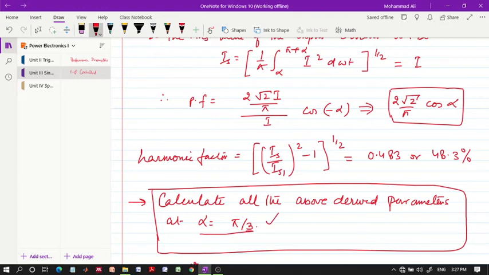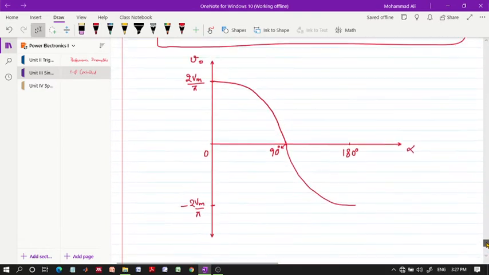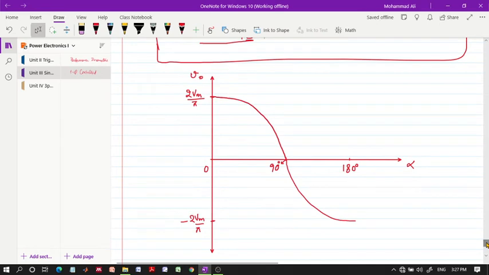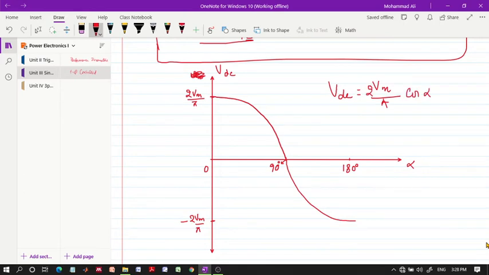Okay, now we can have a curve like this. I would rather say this is V, or VDC. So VDC we calculate as Vm by pi times something.